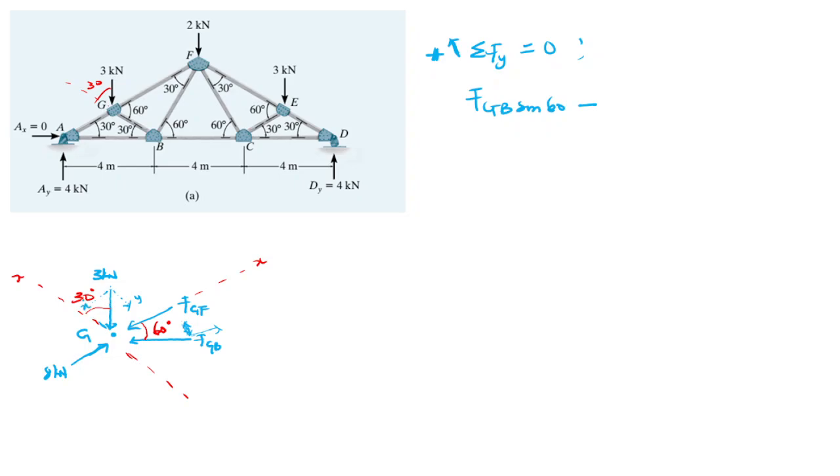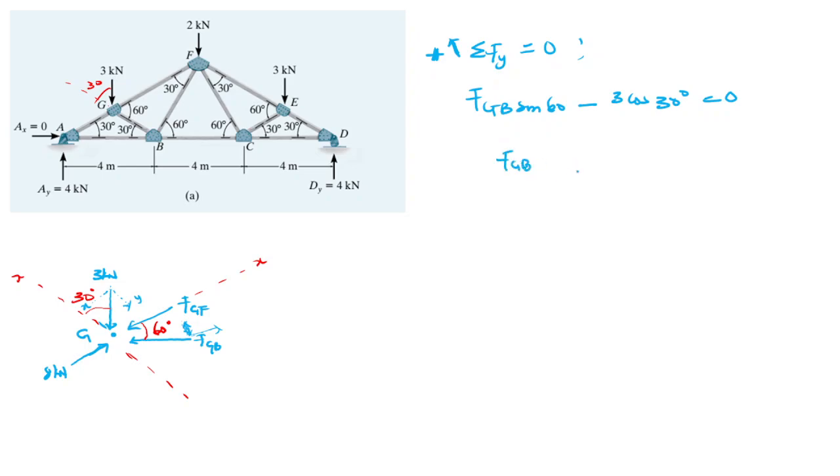Now it is the x-axis that is the sine, because that's where the angle is going. So our y-axis then becomes cos. So minus 3 cos 30 degrees equals 0.